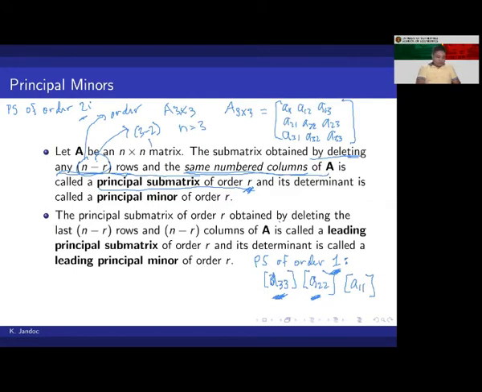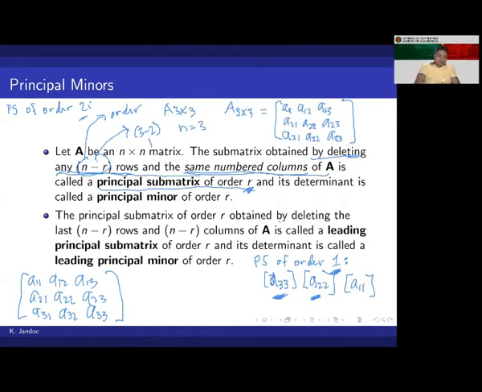So again, this is A11, A12, A13, A21, A22, A23, A31, A32, A33. This is the matrix A. Now we will delete one row and one column of the same number.